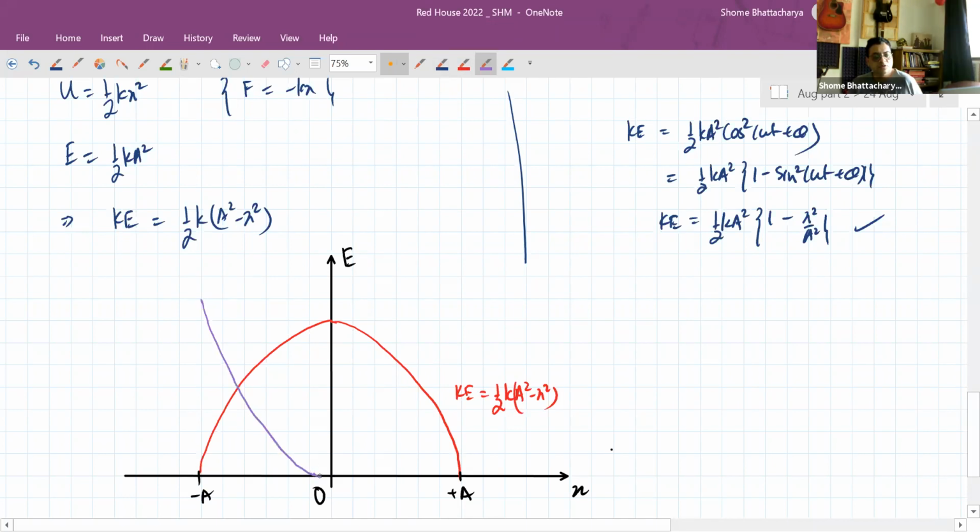So naturally, your mean position is a stable equilibrium point, a local minima of potential energy, and the sum of these two is constant, which is the total mechanical energy.